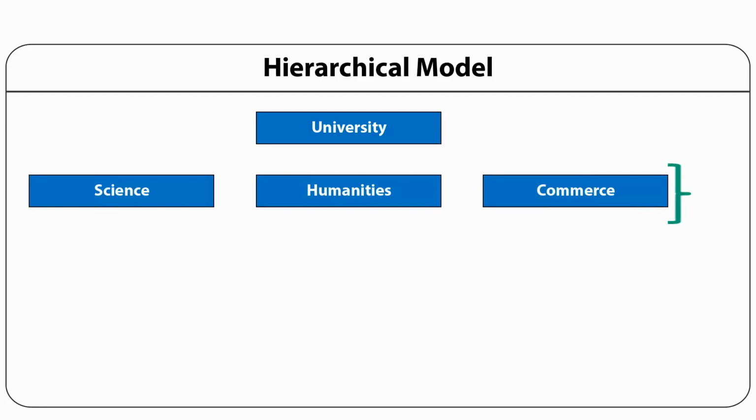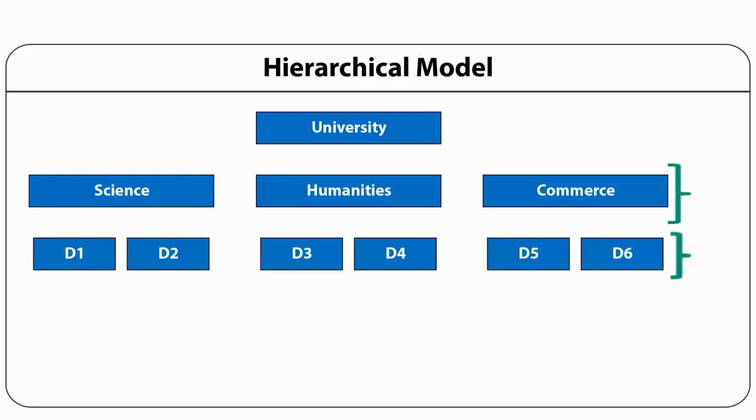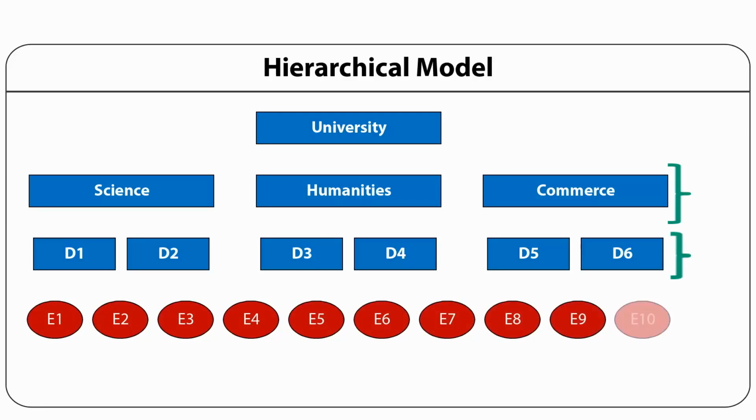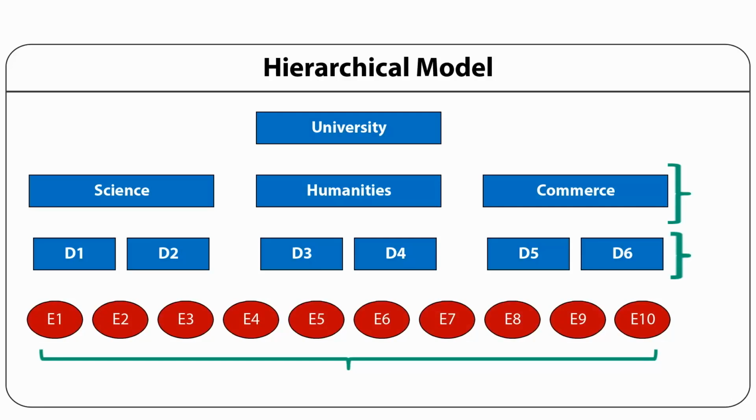Then in these faculties we have different departments, represented by D1, D2, and so on, and in each department we have actual employees. In department D1 we have employees E1 and E2 and so forth. So in this model, for any entity or object, you can find the hierarchical position of that particular record in the whole hierarchy or map of data representation.